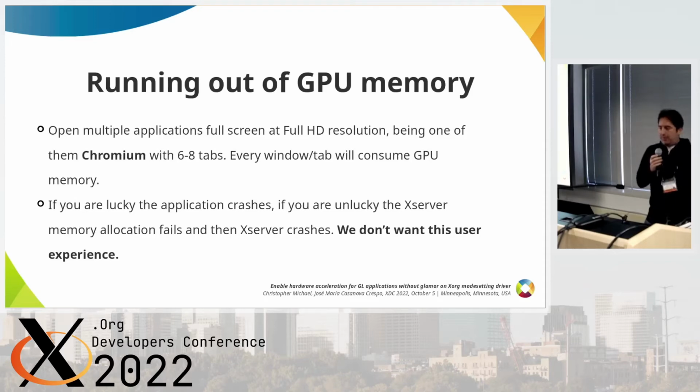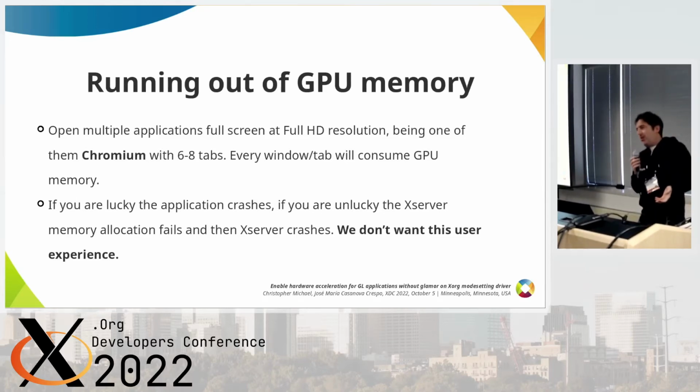You just open multiple applications, full screen, and one of the applications that is good to test is Chromium. Open several tabs. That is a normal use case, and every window or tab is going to use GPU memory. If you are lucky, and at the moment the kernel cannot provide new GPU memory, the application could crash, since this allocation was done by the application.